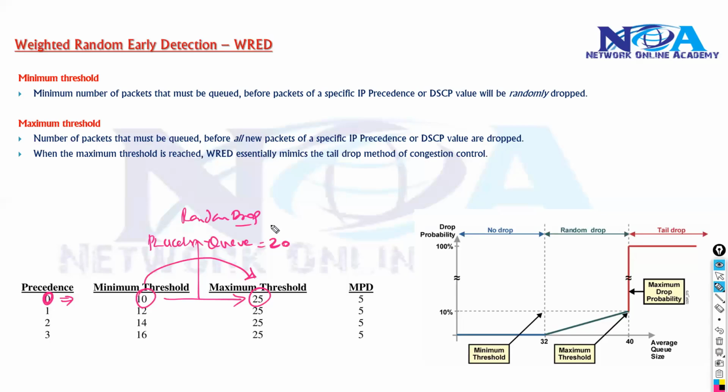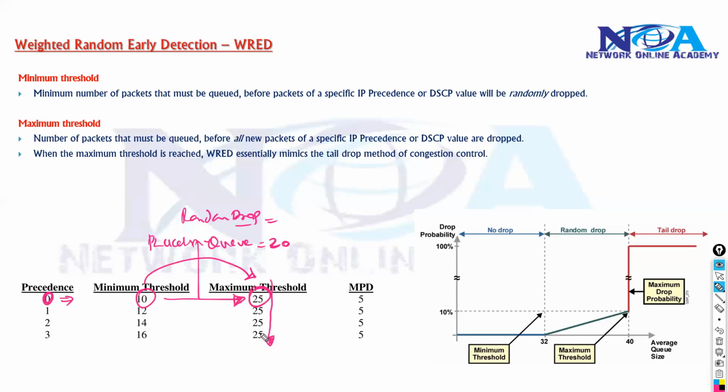This random drop happens as long as the packets are within this limit, between 10 and 25. The maximum threshold means up to 25.